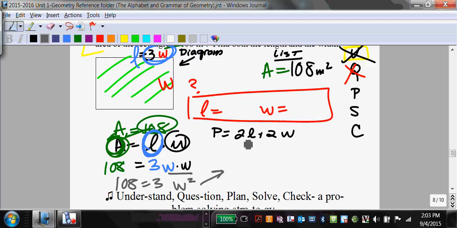I'm running out of room, so I'm bringing it up: 108 equals 3W squared. That's technically 3 times W. Opposite of times is dividing. Do not even dream of touching a calculator. Doing that by hand.